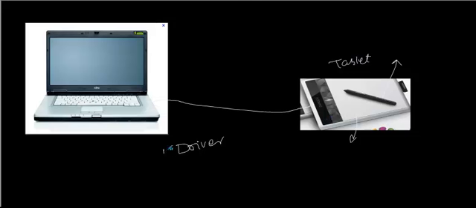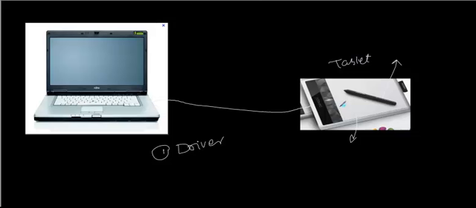If you do not install the driver, you will not find it smooth to use. Just install the driver, and after you install it, it should be as smooth as writing with pen and paper. So the first thing is to install these drivers.